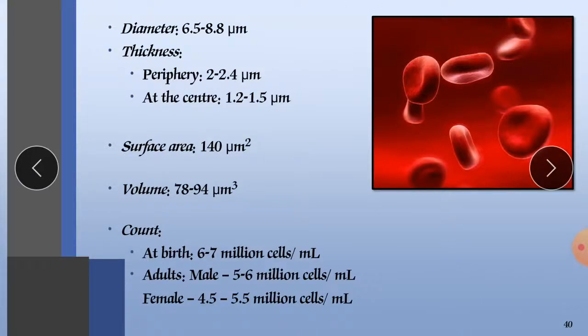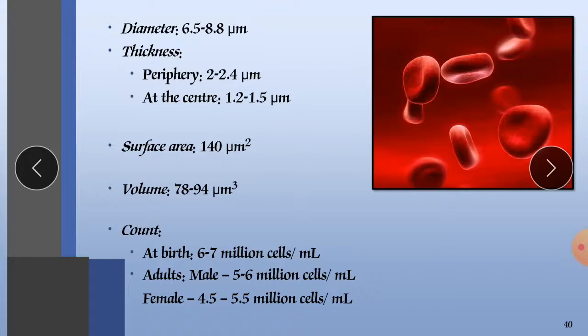If you will see, its diameter is 6.5 to 8.8 micrometer. Its thickness at the periphery is 2 to 2.5 micrometer, and at the center 1.5 micrometer. Its surface area is 140 micrometer square and volume is 78 to 94 micrometer cube.